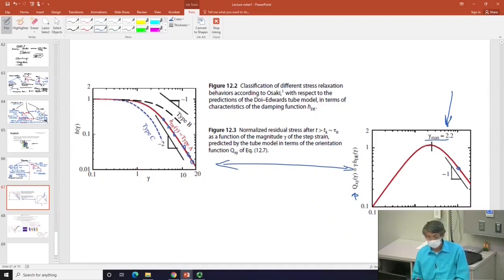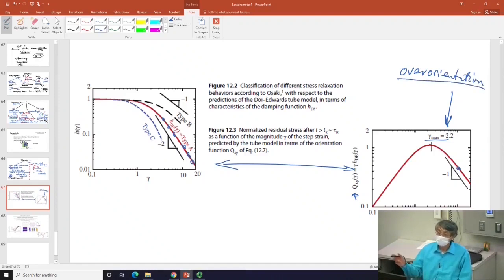If this could ever occur, it would have also proved that this concept of over-orientation is correct. But the logic is precisely the reverse.